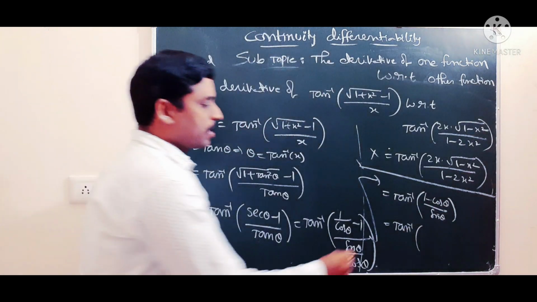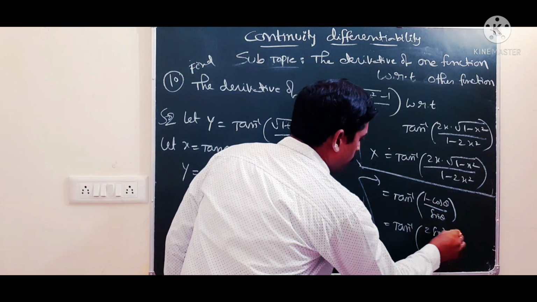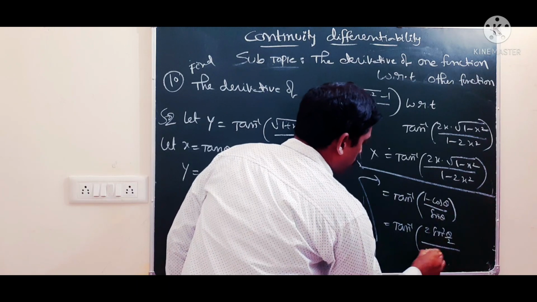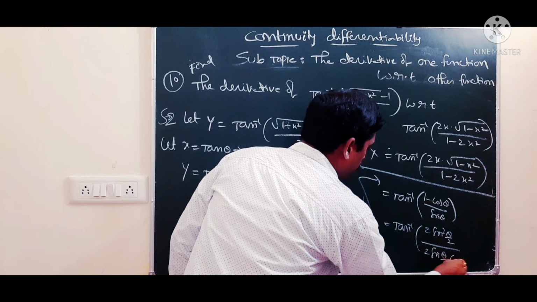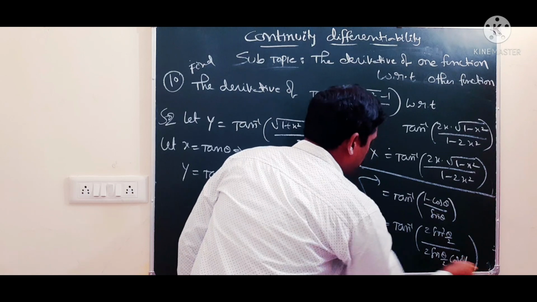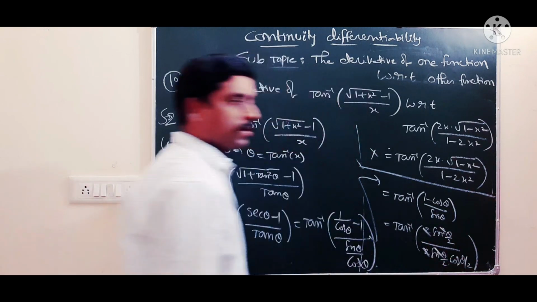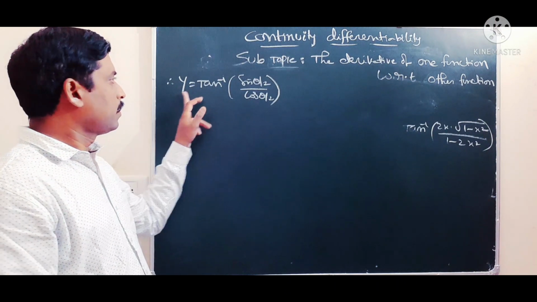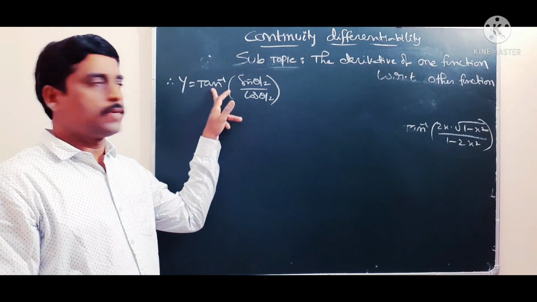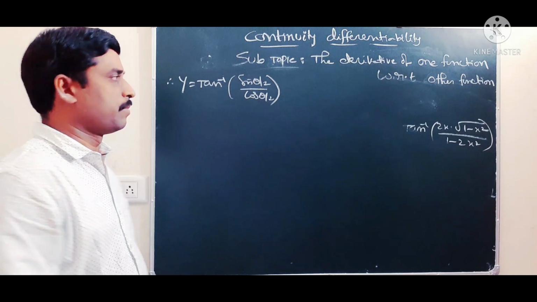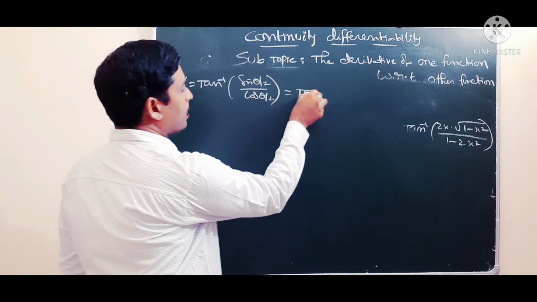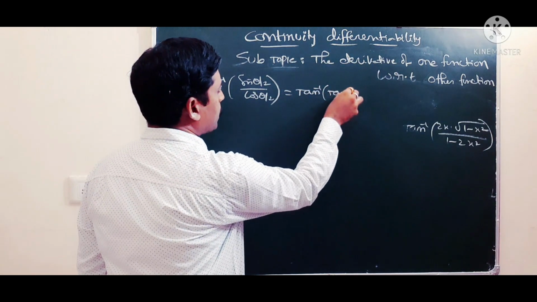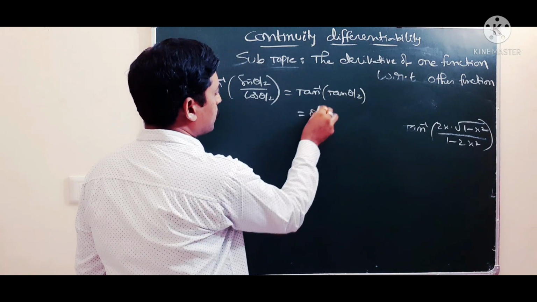We have the formula 1 minus cos theta is 2 sin square theta by 2, and sin theta is 2 sin theta by 2 cos theta by 2. So 2 sin theta by 2 gets cancelled. So we got y as tan inverse of sin theta by 2 by cos theta by 2. This is tan inverse of tan theta by 2, which is equal to theta by 2.